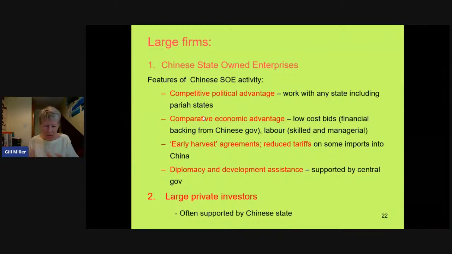They also, when Chinese state-owned enterprises come and, say, set up pharmaceuticals in Nairobi, a small firm, and the Nigerians are interested in this firm, they would build the factory, get it going, and then there will be a deal with China to guarantee exports from that firm. It's called early harvest.